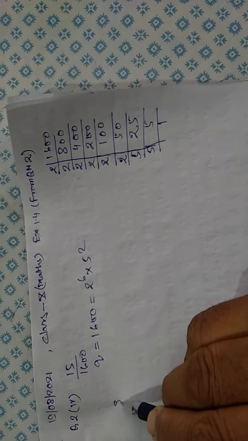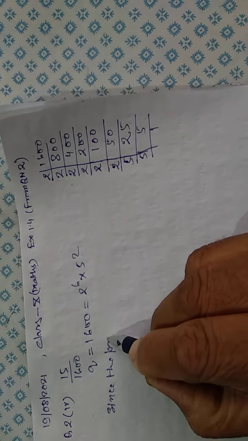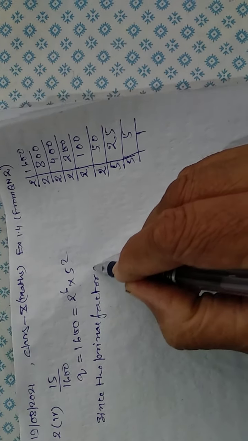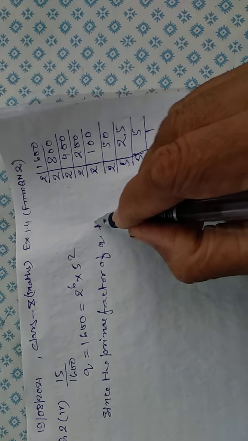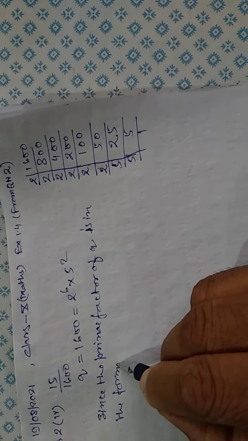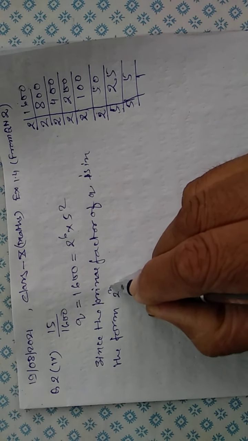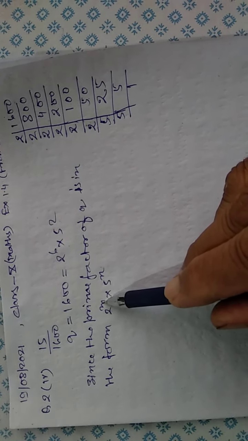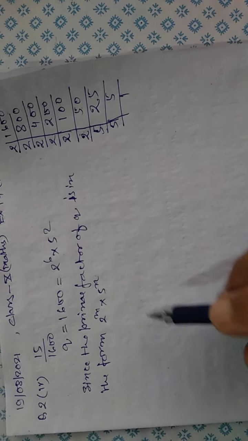Since the prime factorization of Q is in the form 2 to the power m into 5 to the power n, here m is equal to 6 and n is equal to 2.